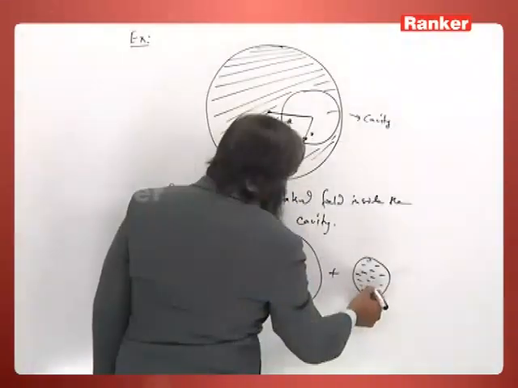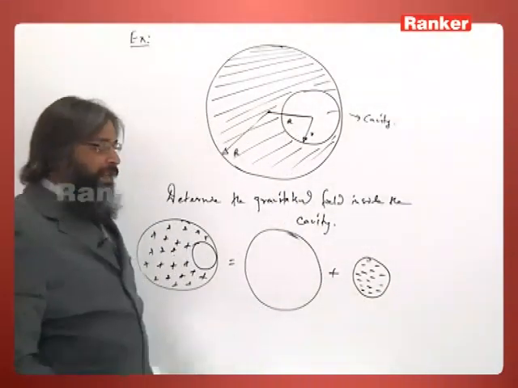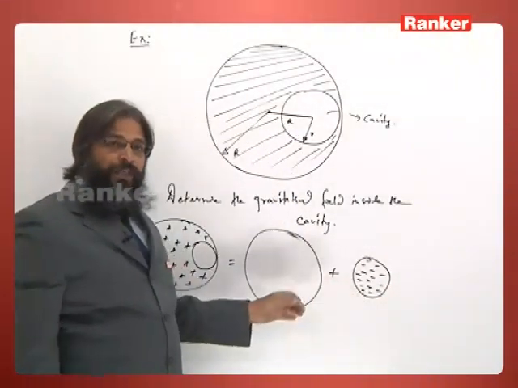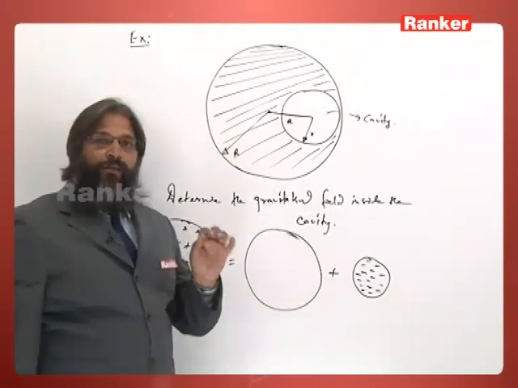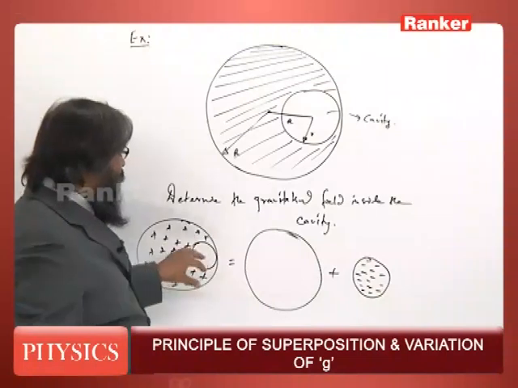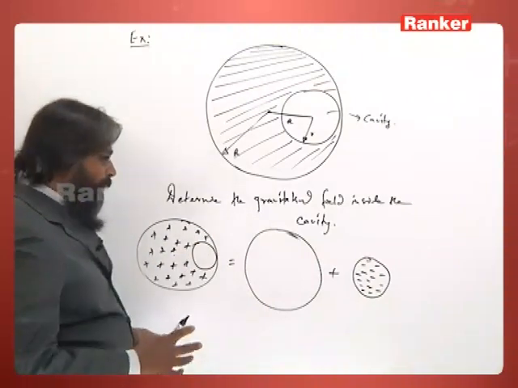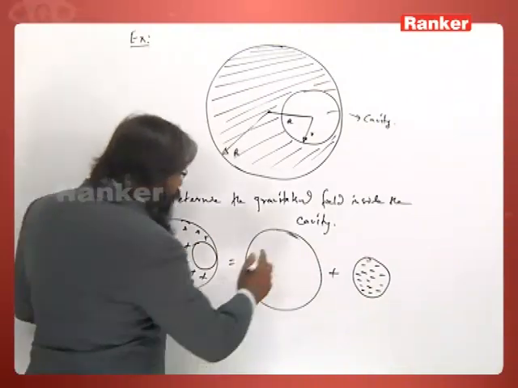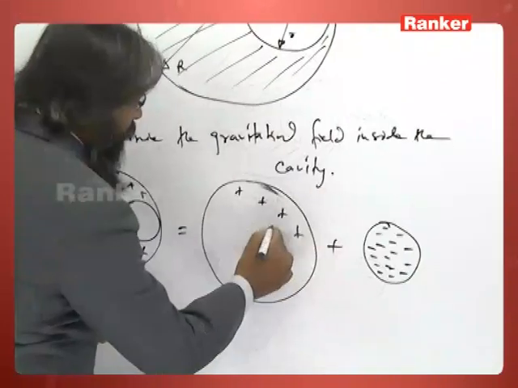In fact, it is not confirmed. We don't know whether mass is negative or positive. Presently our knowledge is that we have only one mass, that is matter. Now let us just imagine, only for mathematical sake, that there are two types of masses.